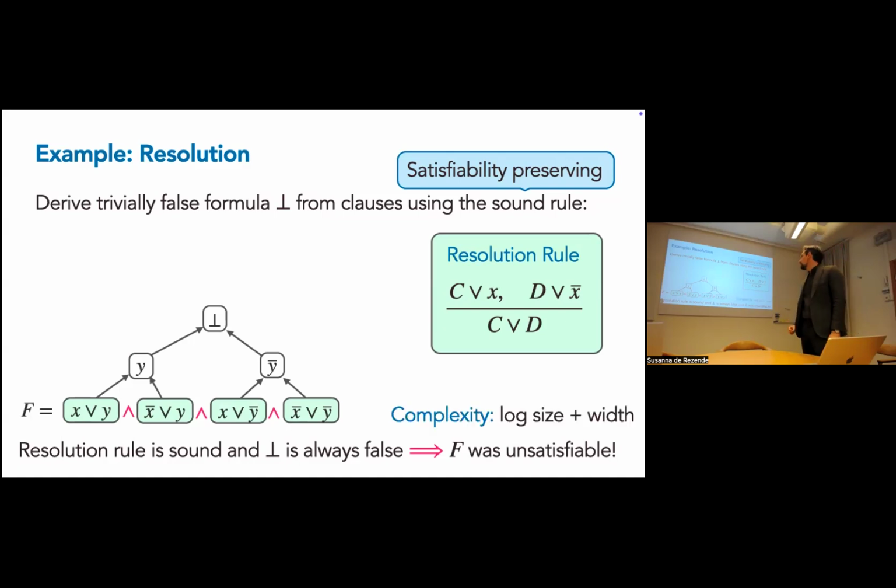Throughout this talk, usually we measure the complexity of proofs as just the size, which is in this case the number of clauses. We're going to use a non-standard definition of complexity, which is logarithmic in the size plus the width, which is the maximum number of literals in any clause.